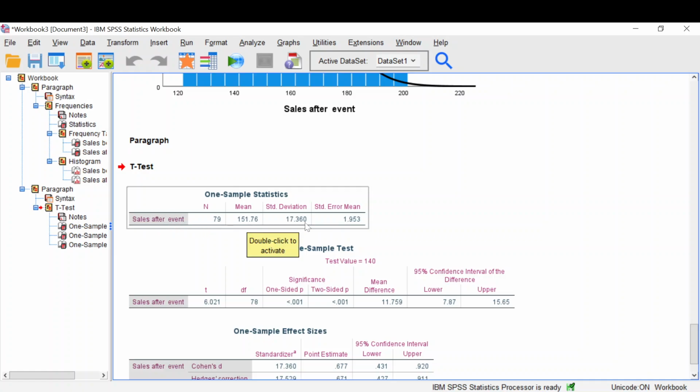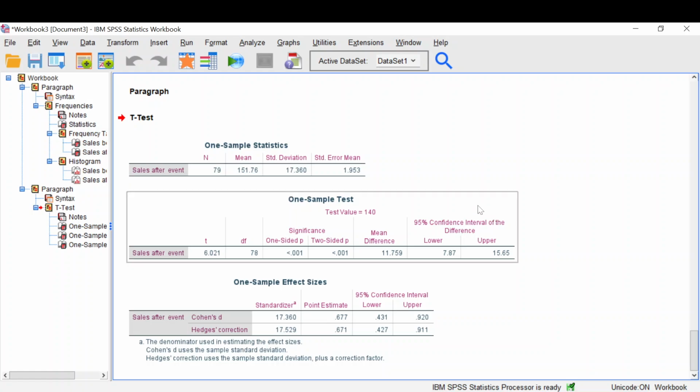Our standard deviation gives us our data in regard to the distribution of the data around the mean. And our standard error gives us additional information regarding how the standard deviation relates to the square root of our population. So if you take the square root of the population and compare it to the standard deviation, you end up with the standard error mean.